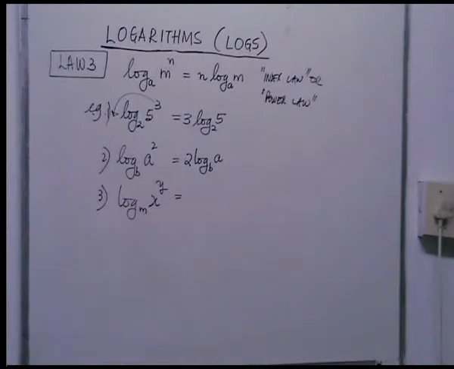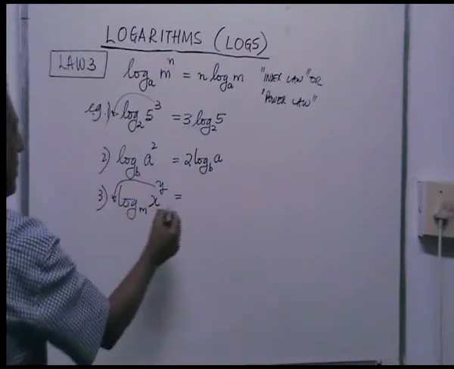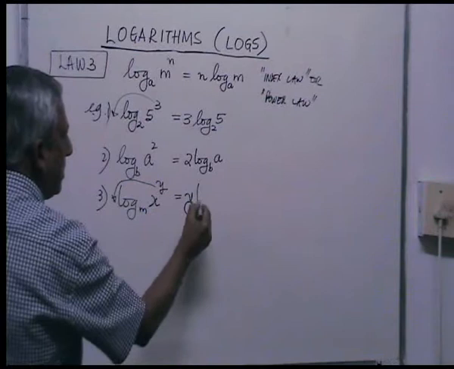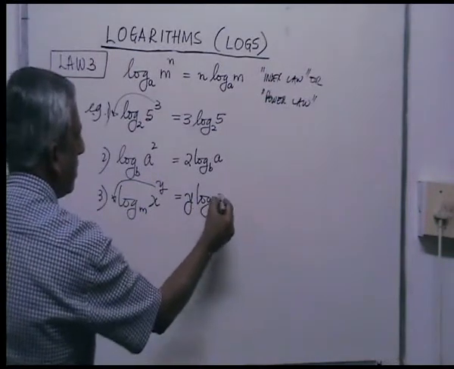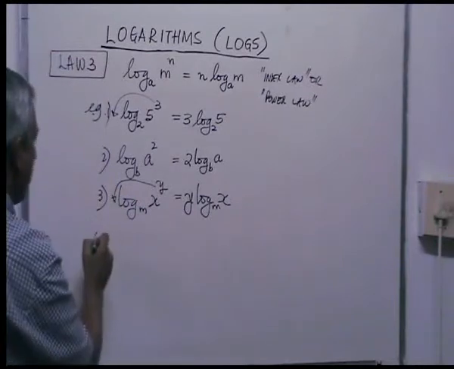Now, there's y. y is your index. That's your number. That's your base. So the y will come to the front. So that y will actually come right here. So what will the answer be? y log x to the base n.